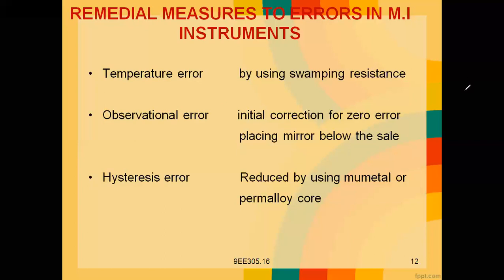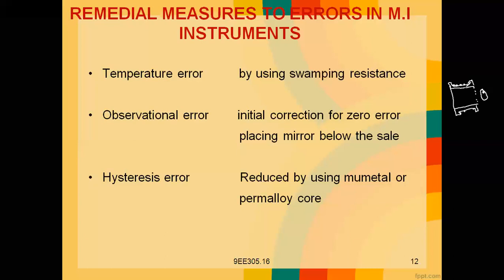Now, for an MI instrument, we have a coil. We'll take the attraction type. This is a sectional view of a coil, and these are the coil conductors. And here is our spindle, and there is our vane.